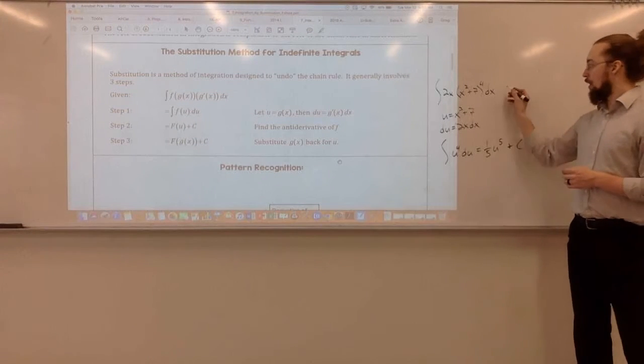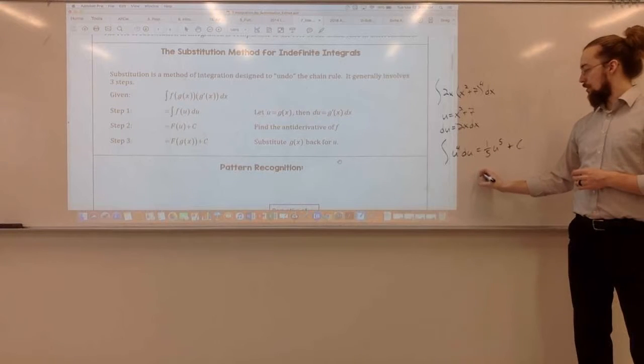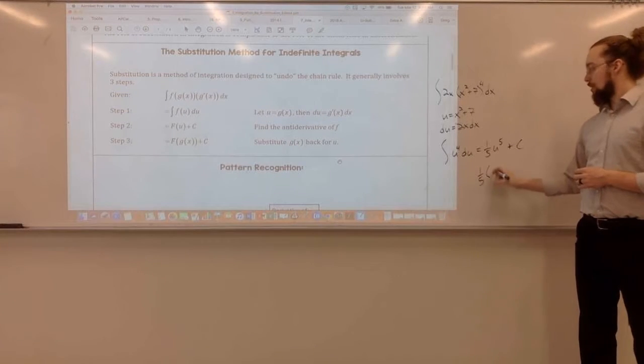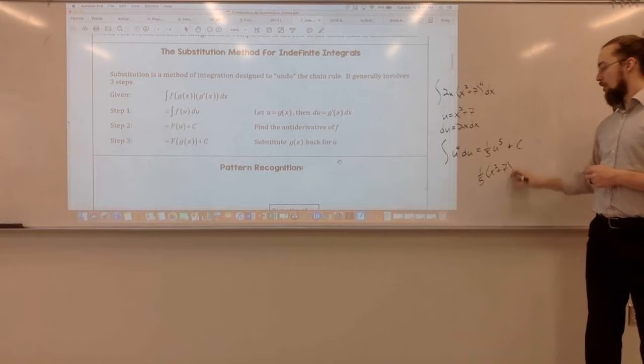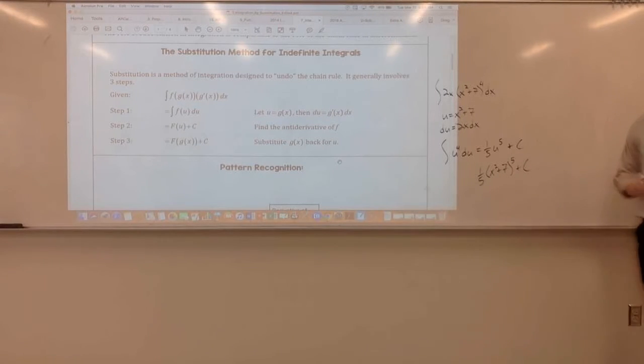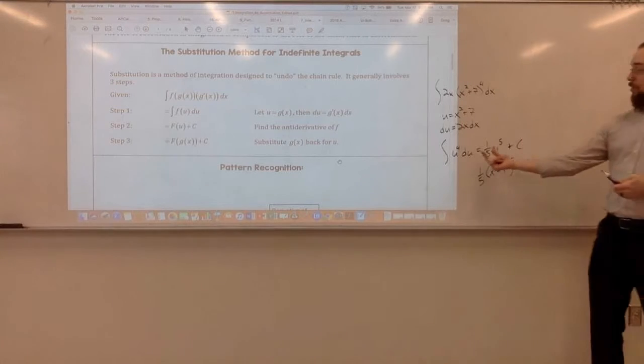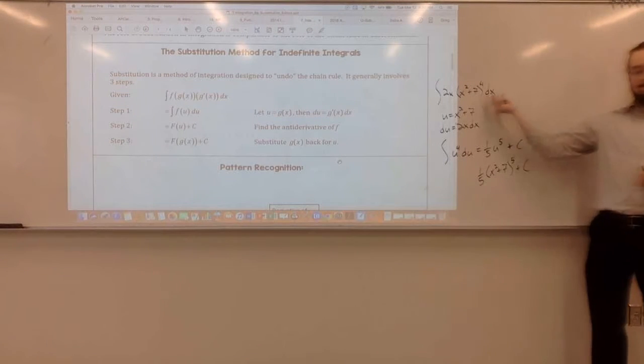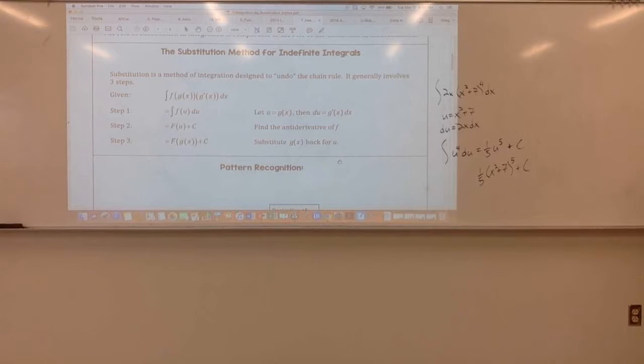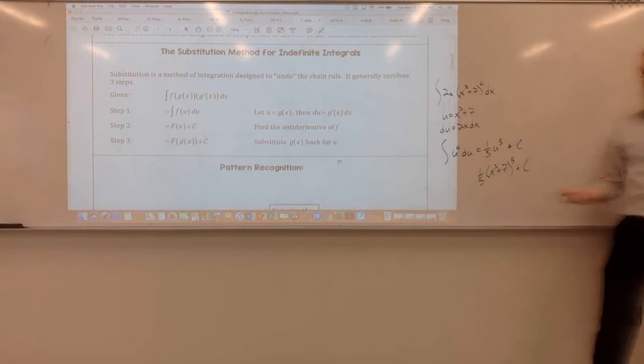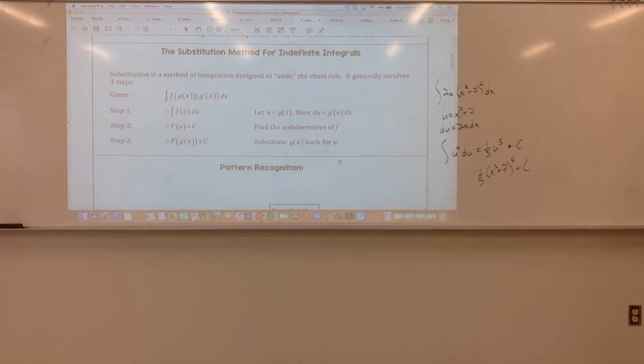So the actual antiderivative of this would be 1/5 times x squared plus 7 to the 5th power plus c. Well, remember when we integrate, that dx goes away? Same idea here. When we integrate, du goes away. So, the answer to this problem is this.